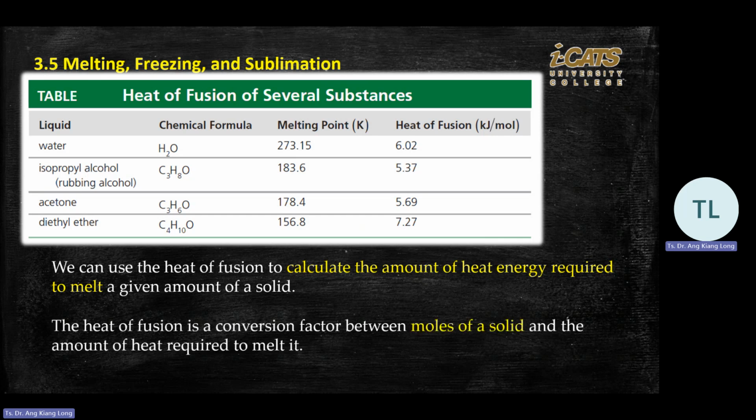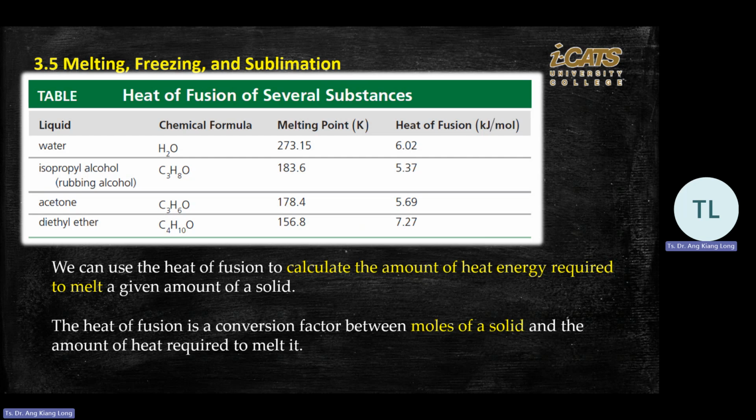So again, you need to find the number of moles of the solid. How do you know it's solid? In the equation, you see the bracket. If the bracket is S, it's a solid. If the bracket is L, it's liquid. Sometimes you see AQ, aqueous, it's also liquid. And if the bracket is G, it's gas.